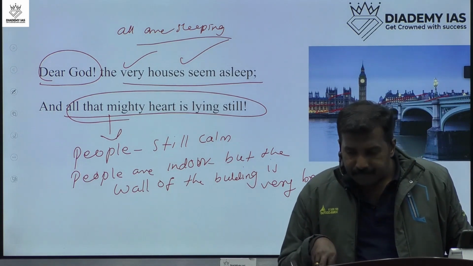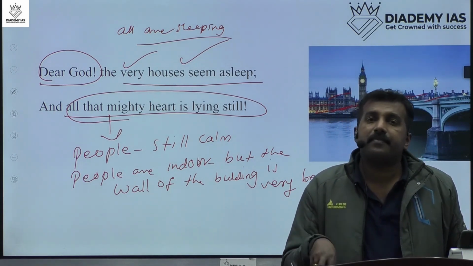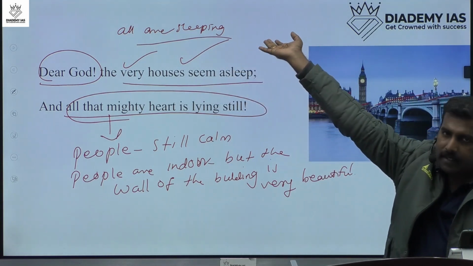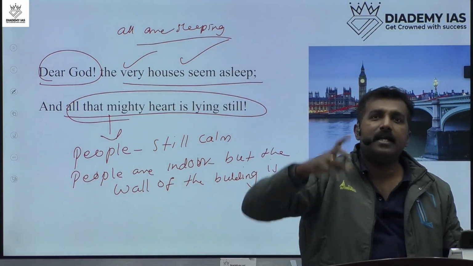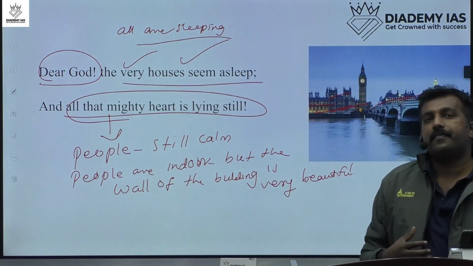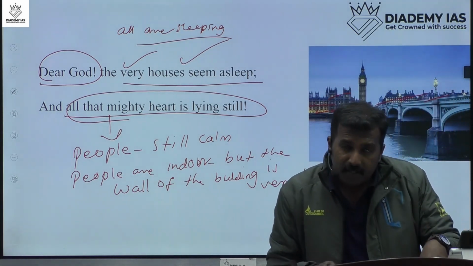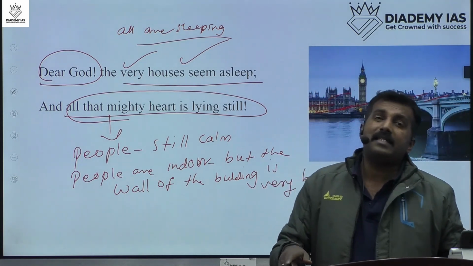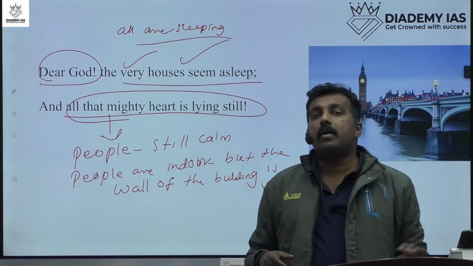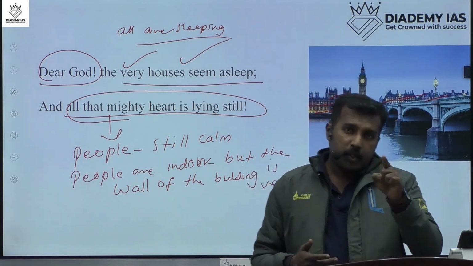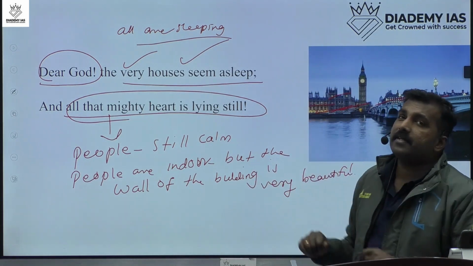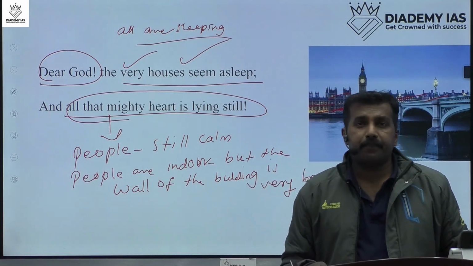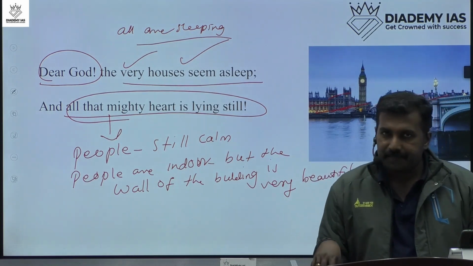At that time, William Wordsworth enjoys the beauty of the city, London, and specifically the beauty of the Thames River. The Thames is an important river in England, and over this river there is a bridge called Westminster Bridge. So that's why William Wordsworth named this poem Composed upon Westminster Bridge.